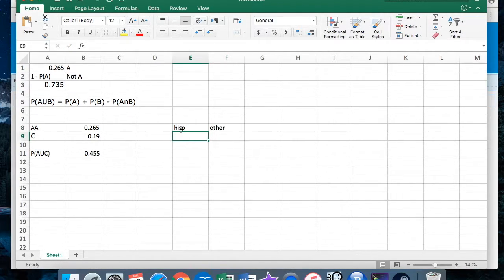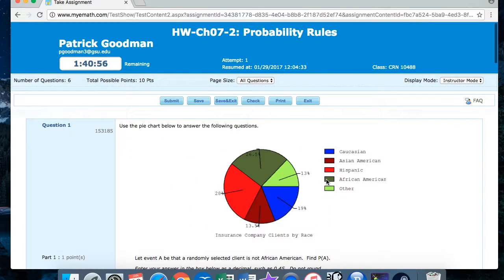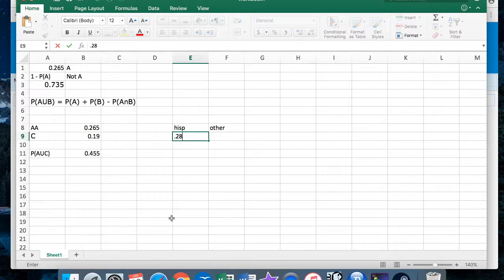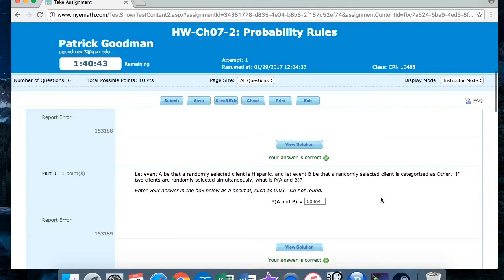So let's find the probabilities of these. The probability of Hispanic is 28% and other is 13%. So 0.28, 0.13. Okay. So we want to find the probability of A and B, so both of these occurring.